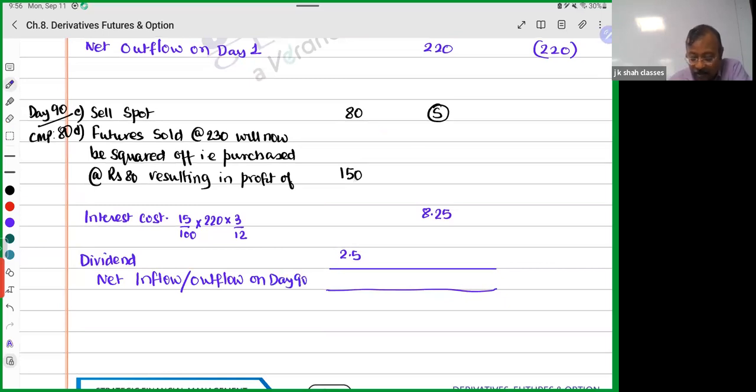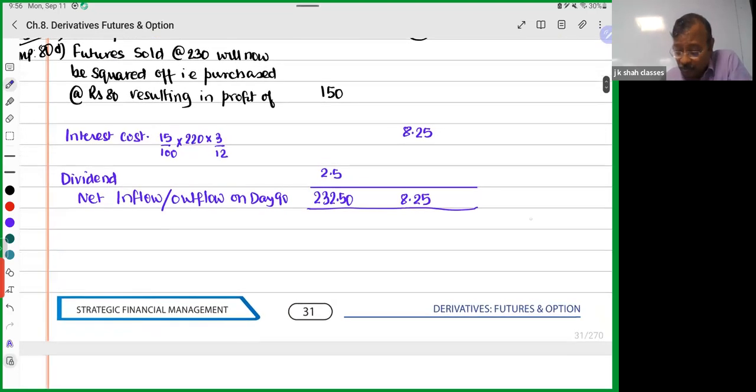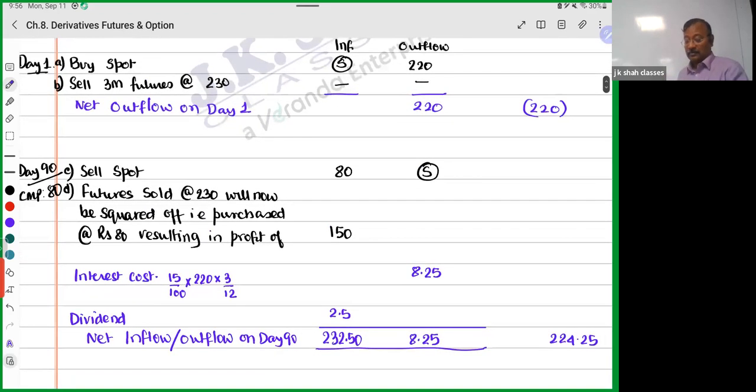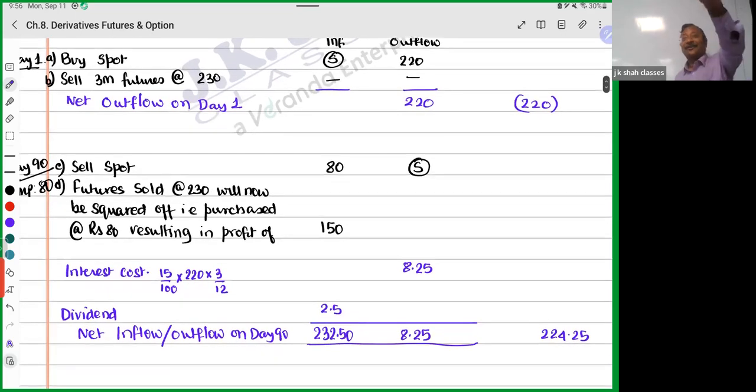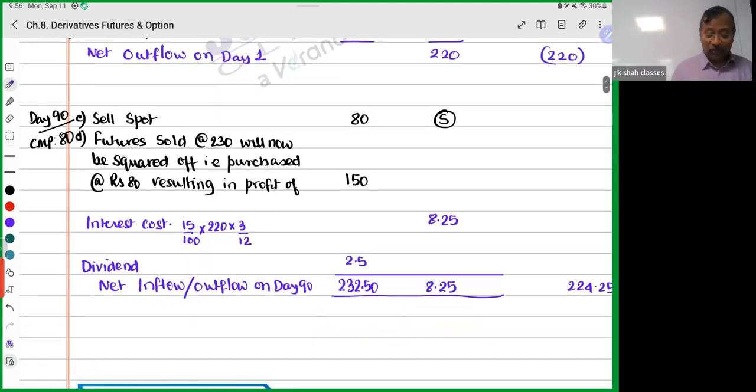See, this is 230, 232.5. And this is 8.25. So what is your net inflow? How much is your profit? 4.25. Right?